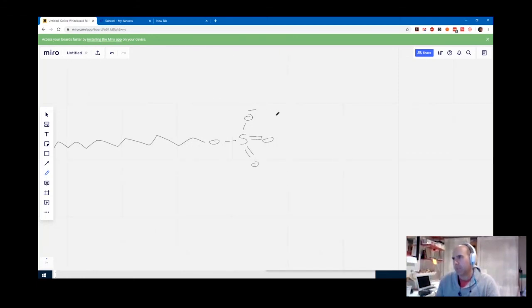Let's call it something like this, right? And you usually have a counter ion of some sort. If you read the ingredients on soaps or shampoos, you might see things like sodium laureth sulfate. And laureth is like an old word. It refers to a certain length of carbon chain. I can't remember exactly what it is.